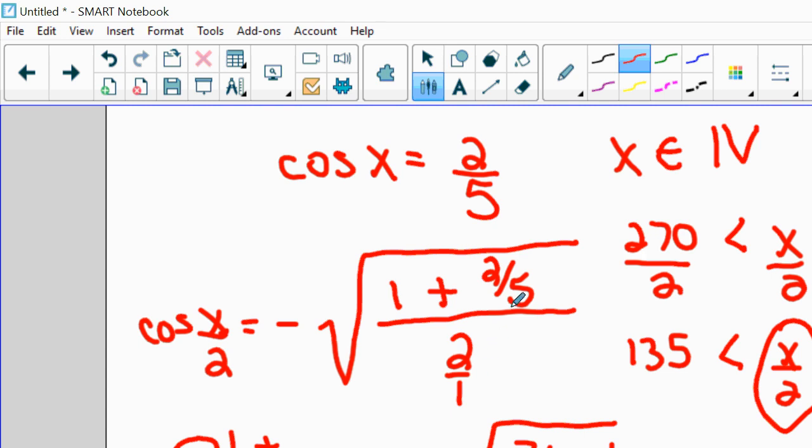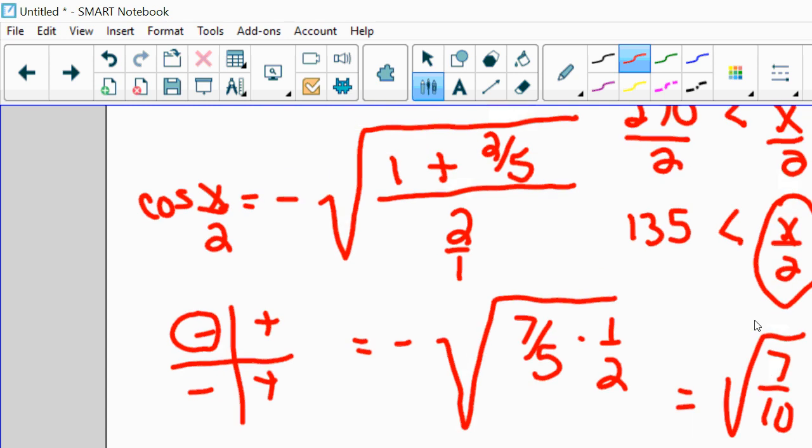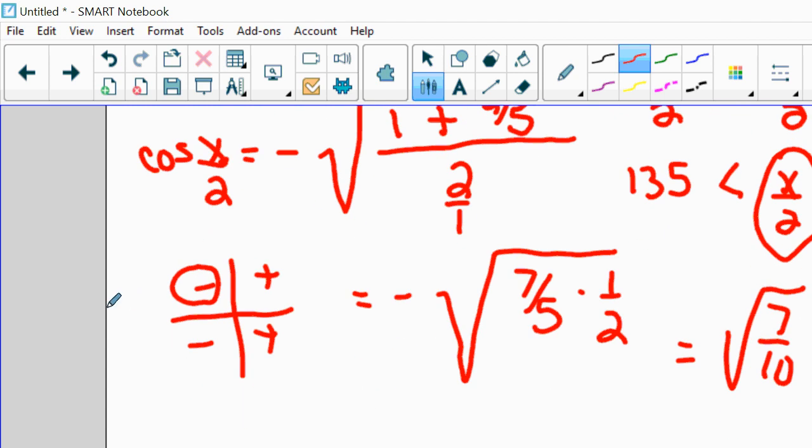This is the square root of 7/10, which is the square root of 7 over the square root of 10, times square root of 10 over square root of 10, which is the square root of 70 over 10. Disgusting. I don't like that. Sine of x over 2, well, that'd be easy. Well, anyway, there are multiple ways you can work these. Like tangent of x over 2.